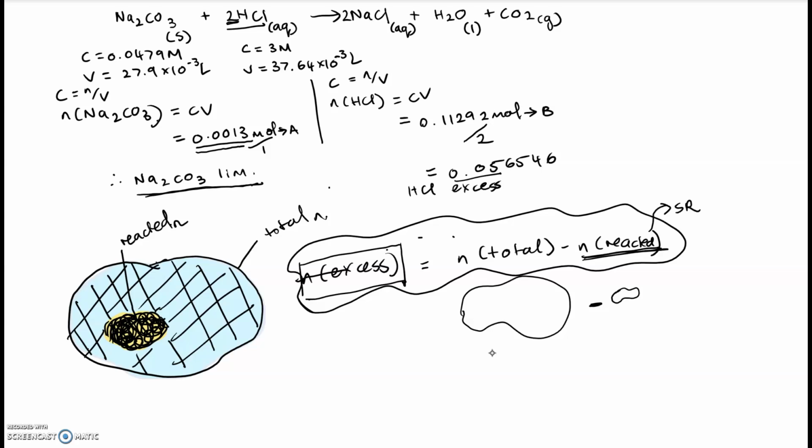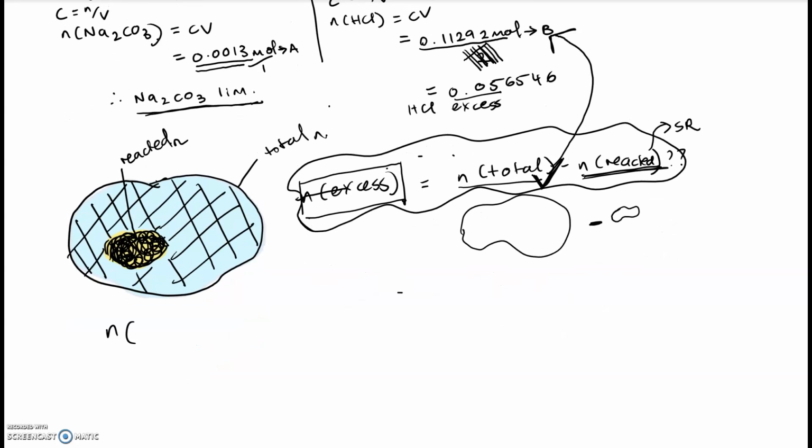Now to find the total number of moles, that is simply this value over here, the 0.11292. Remember, we do not use this 2 value here. This is simply to determine the excess versus limiting reagent. So we know the total number of moles. We simply need to find the number of moles that reacted.